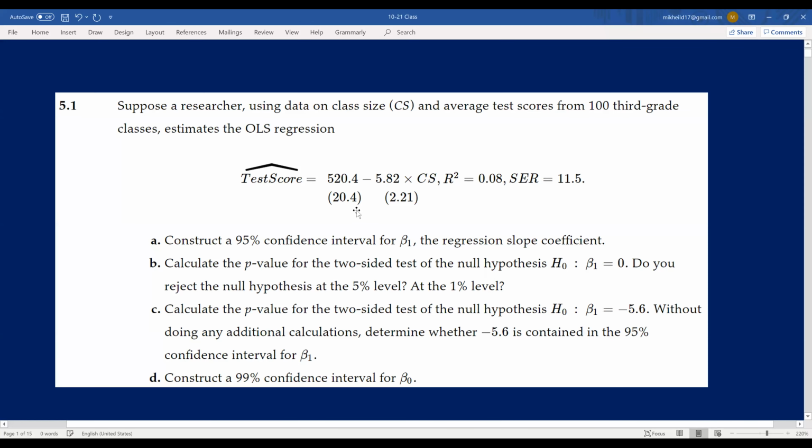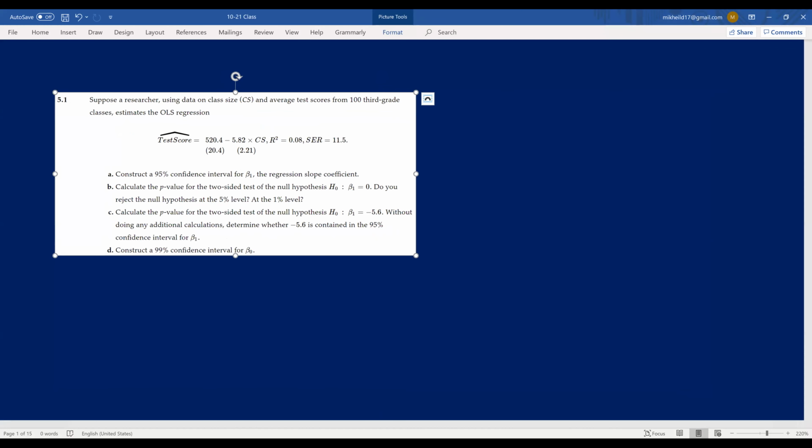This is our first problem today. Let me open Excel too, because I will show you guys how to do stuff there as well. So, do you guys see the blue screen?